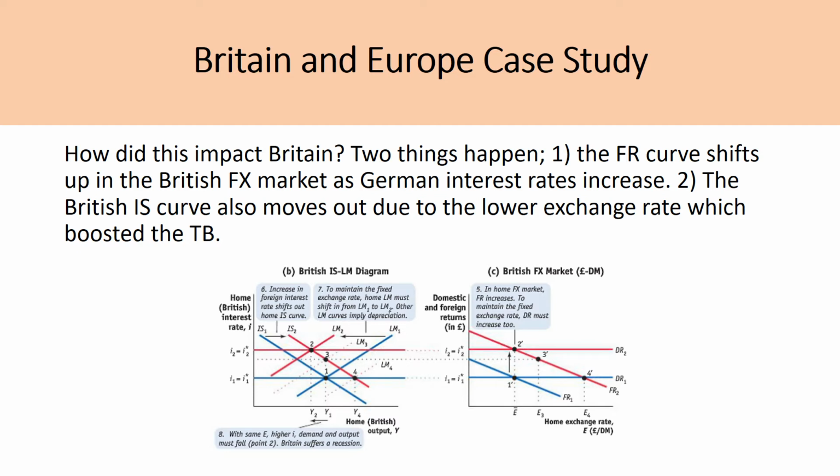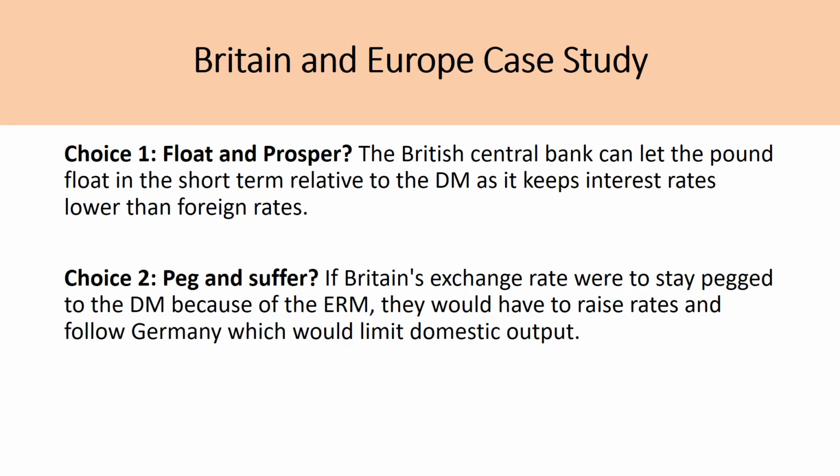And so for UIP to hold true, you need the interest rates to equalize. So if the interest rate in Germany increased, then Britain also had to increase interest rates. And to do so, they actually had to adopt a more restrictive monetary policy and actually push output below their target level, therefore resulting in a recession. And so they had two choices. They could do that.